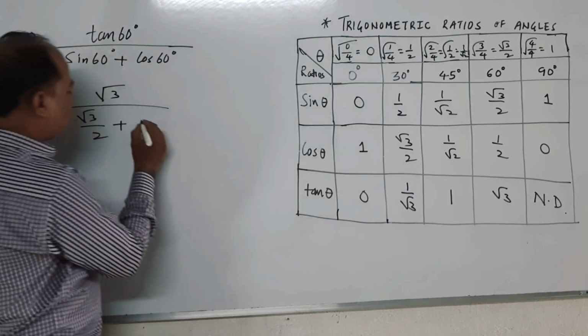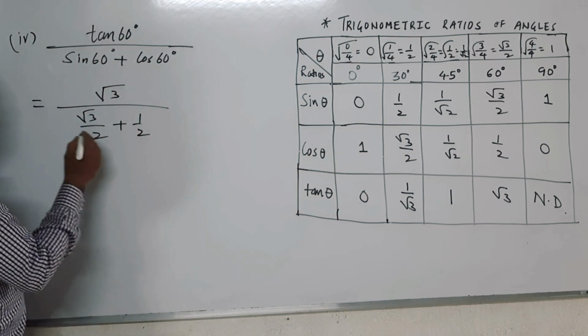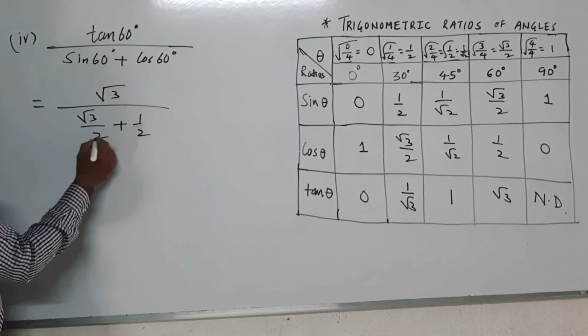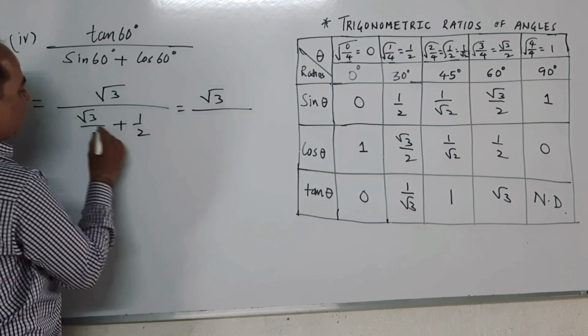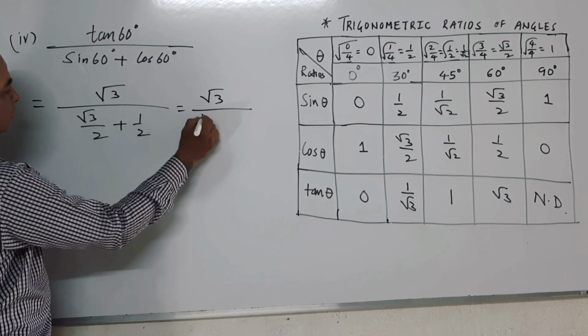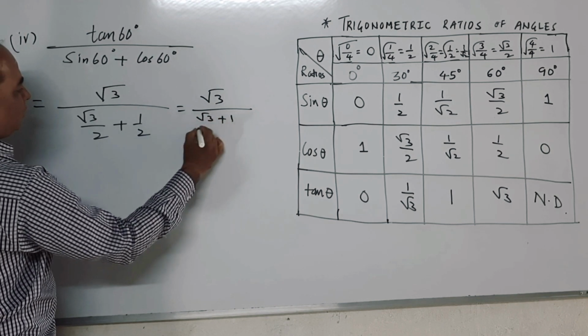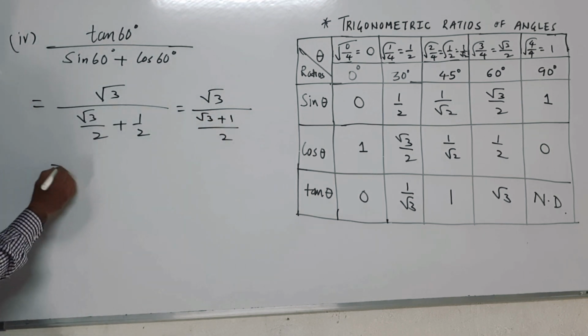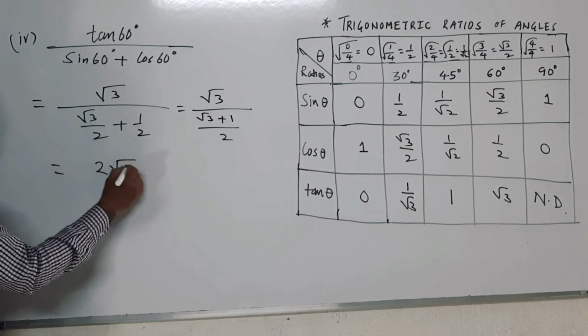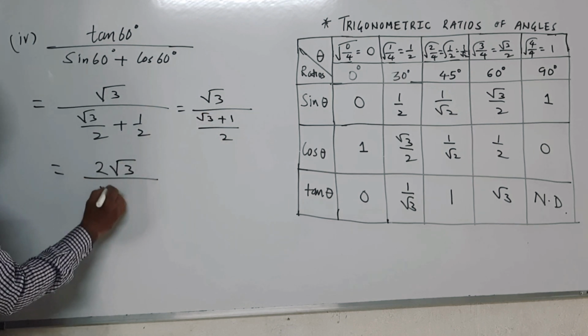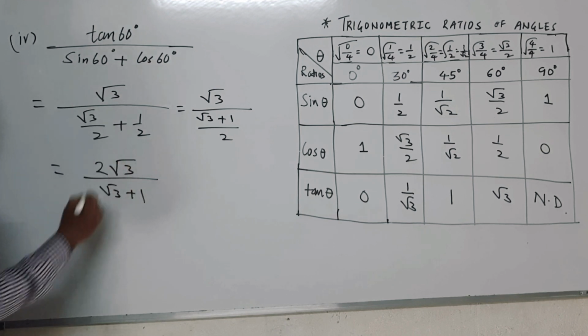Cos 60 is 1 upon 2. Simplifying, here the denominator is same. So root 3 divided by the same denominator, root 3 plus 1 upon 2. Writing the reciprocal of this, we will get 2 root 3 upon root 3 plus 1.